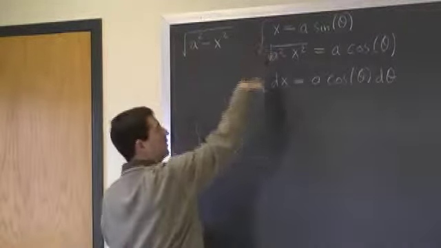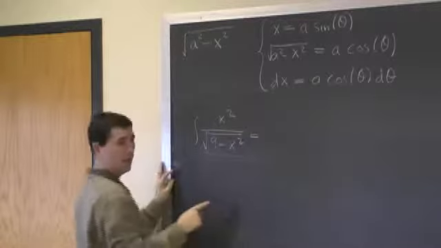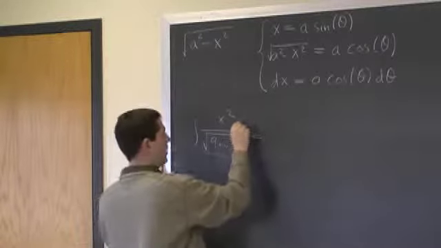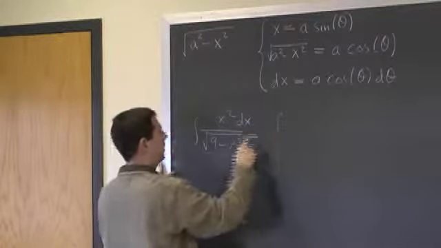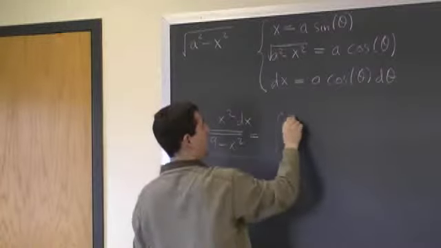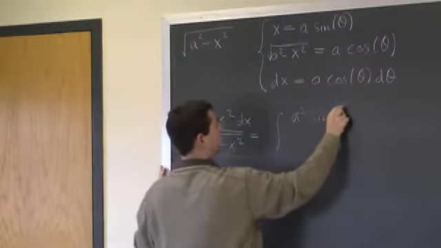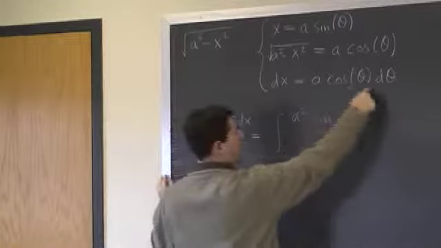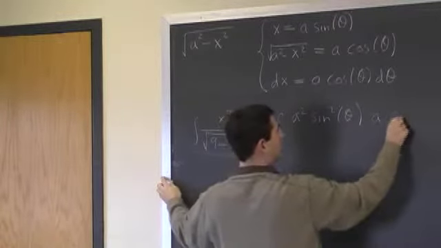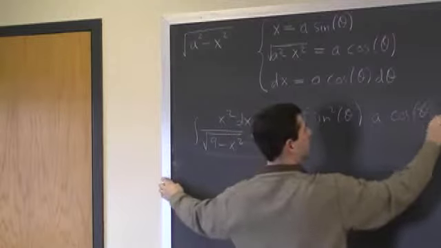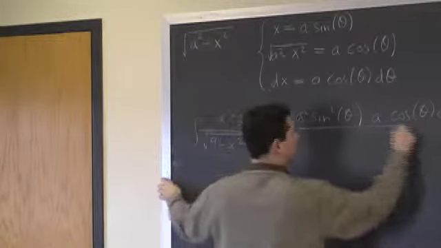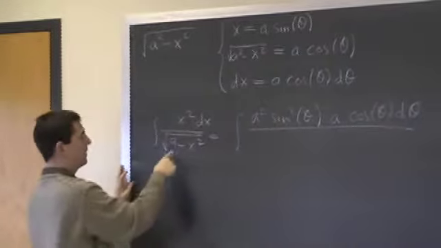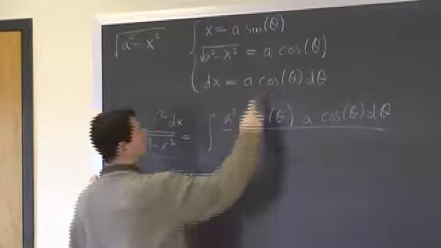And so using this chart above, it's very easy to rewrite this expression. The x squared becomes a squared sine squared. The dx becomes a cosine of theta d theta. And the square root of 9 minus x squared becomes 3 cosine.